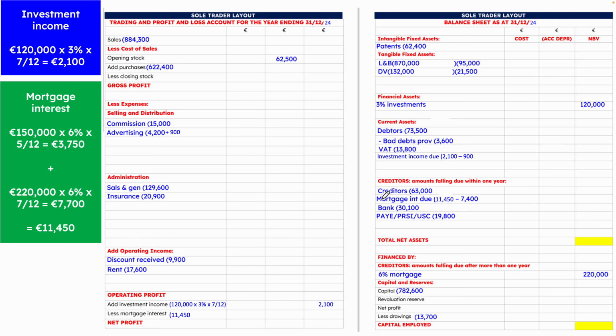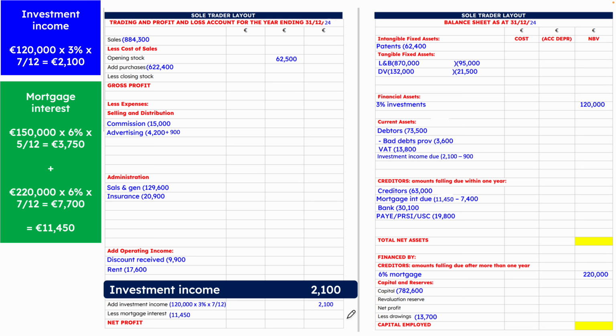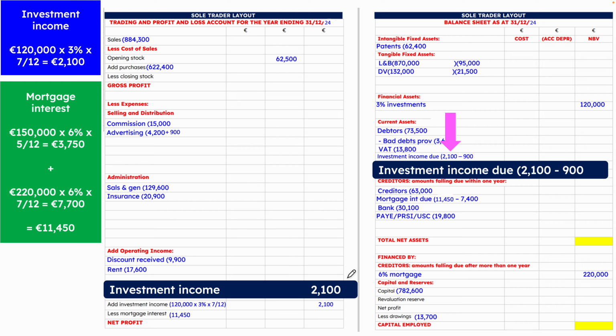So as I said, the investment income for the year, we had it for 7 of the 12 months. So the 2,100 has to go into the TPL, even though we did not receive it all. And the investment income due, we're going to put up into the current assets, because we're definitely going to have investment income due at the end of the year.